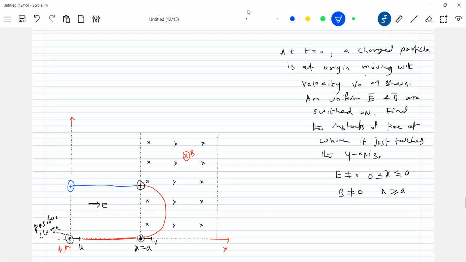Here it will have velocity u, because there the electrostatic field is there for x less than a, right? So again it will undergo retardation. Again it will return back. I'm just putting x less than a. Even on this side also there will be an electrostatic field. Let's assume that.